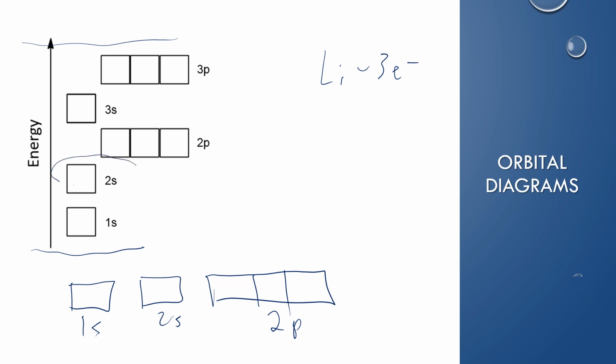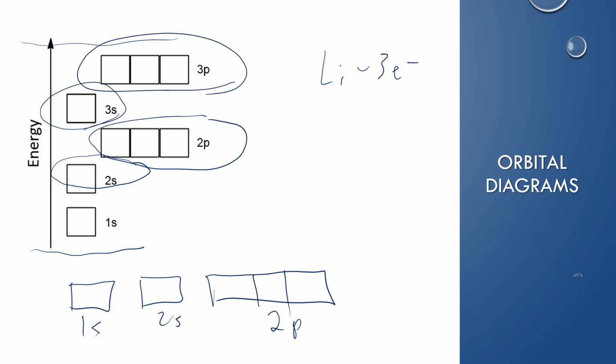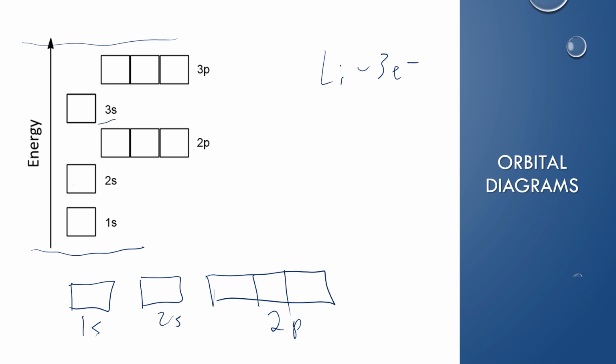So this is the 2s sublevel, the 2p sublevel, 3s sublevel, 3p sublevel. Within that, then we also have orbitals. This is a 3s orbital, 3p orbital, 3p orbital, 3p orbital. And we will typically label the p orbitals in order X, Y, Z for those 3 different orientations.